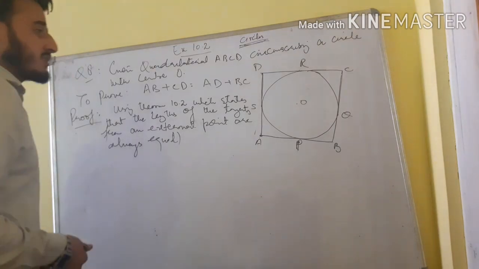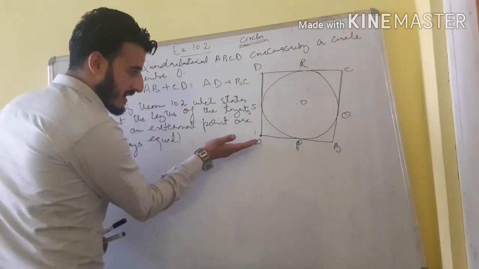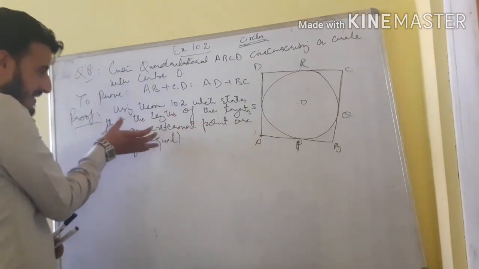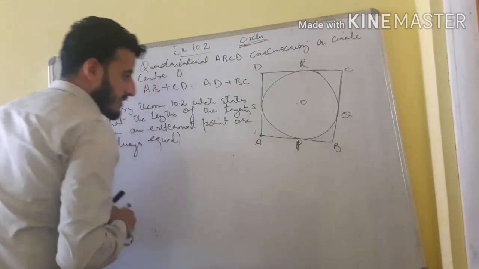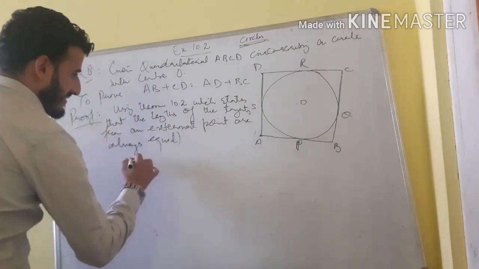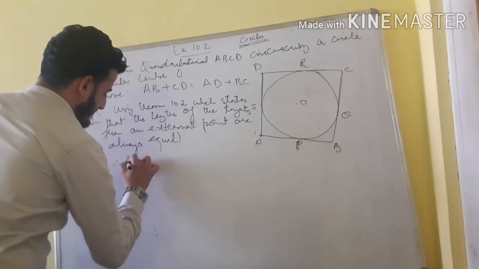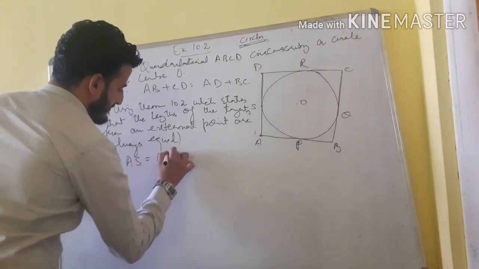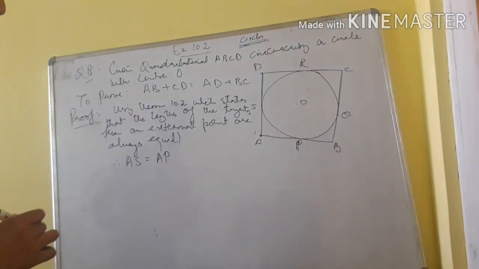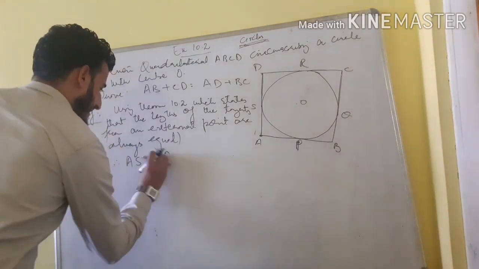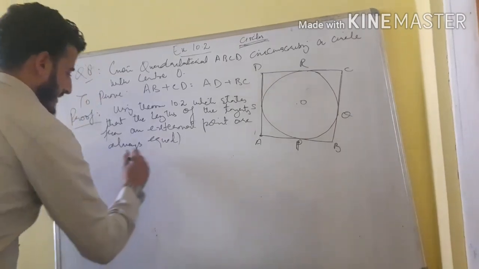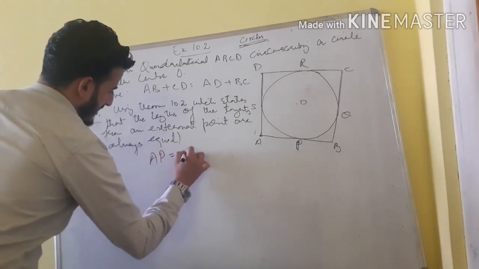So what we do here, we now consider this statement of the theorem, and we can write, if the tangents are equal, can we write now, and therefore AS will be equal to AP, or AP is equal to AS?